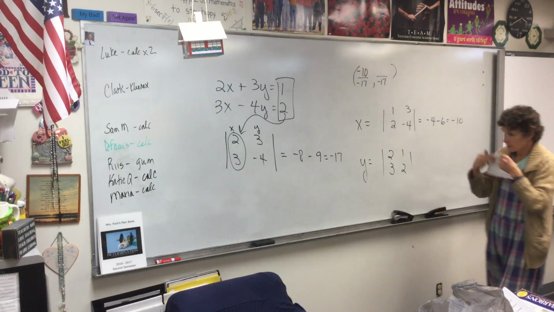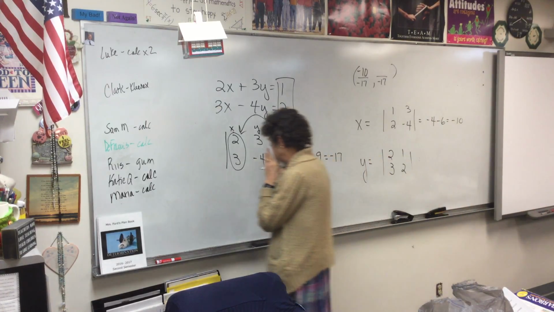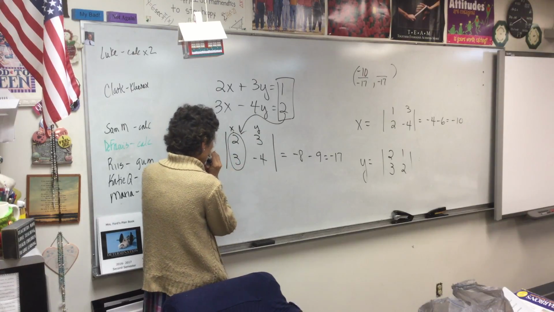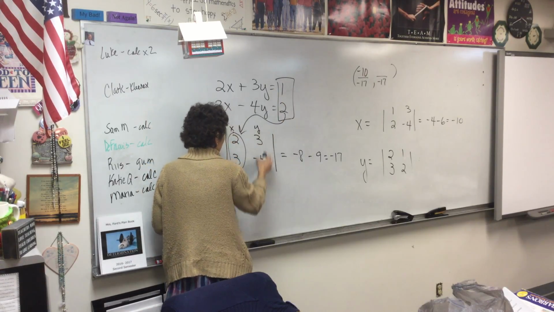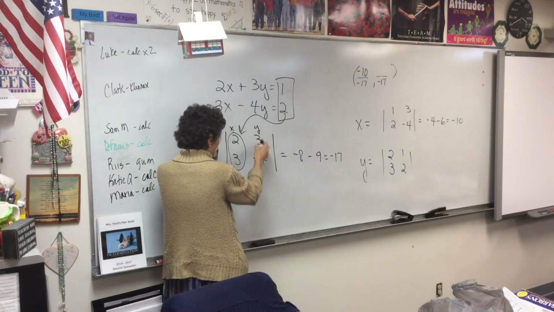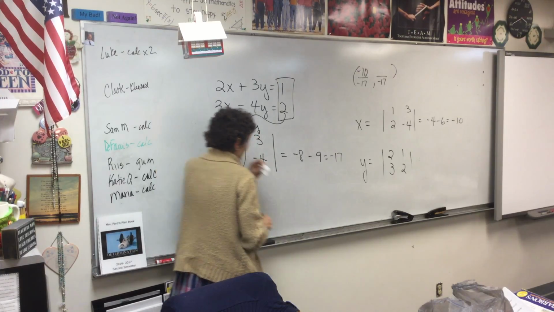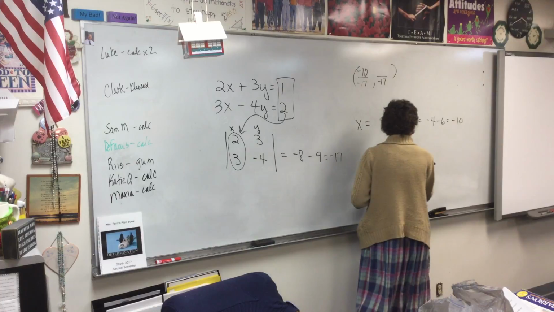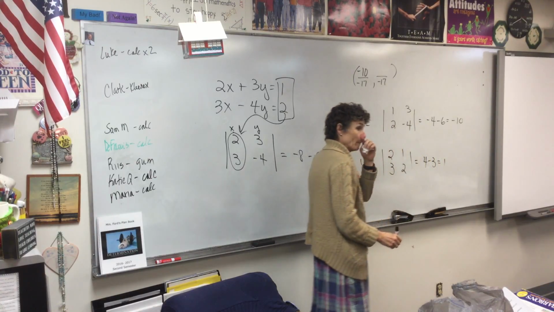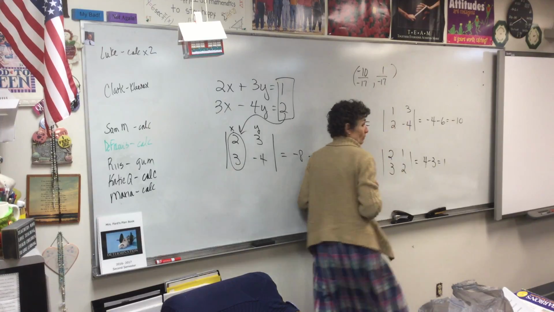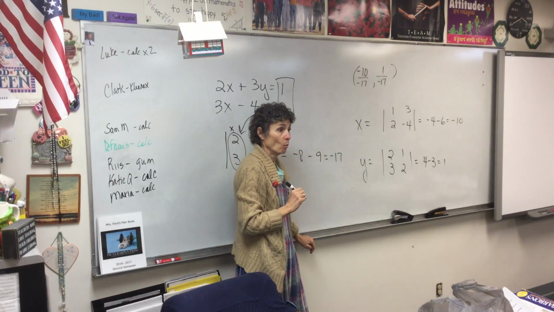So when I'm looking for y, I cut out my constants and I paste them on top of the y numbers. So what's the value of this determinant? 4 minus 3, which is 1. So that becomes the numerator of my y.